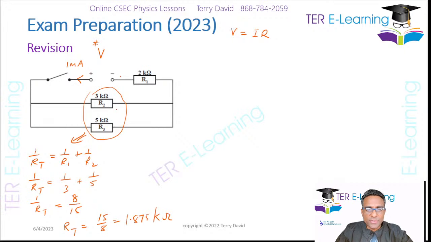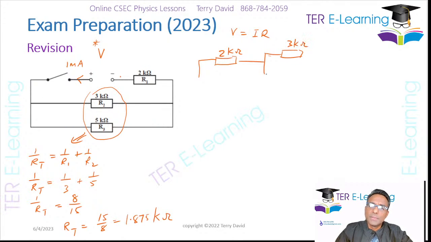So we're not finished yet. All I did was work out that combined resistance. Now let me show you something here. Some students have trouble seeing these things, so I'm going to draw the circuit a little differently. This is 2 kilo ohms, and that is in series with these two here, which is the 3 kilo ohms and this is 5 kilo ohms.